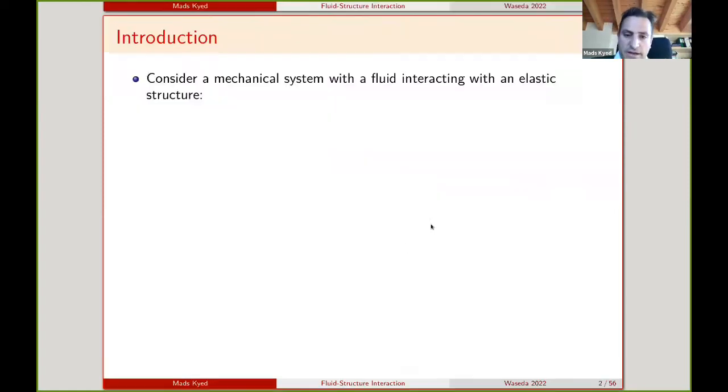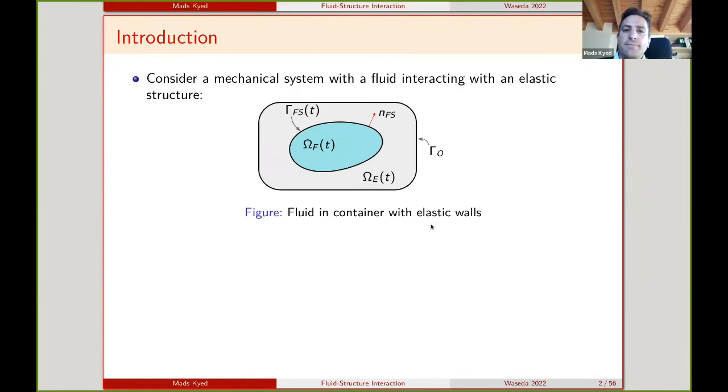Okay, so what do we mean by fluid structure interaction? In general, we talk about fluid structure interaction whenever we have a mechanical system with a fluid and an elastic deformable solid or structure. I shall use these two words as synonyms, right?